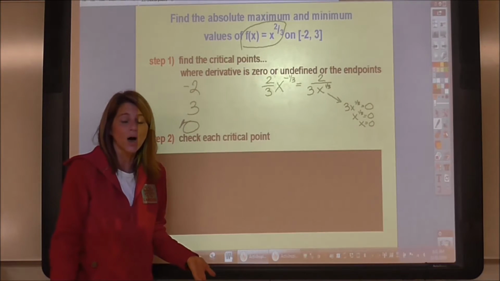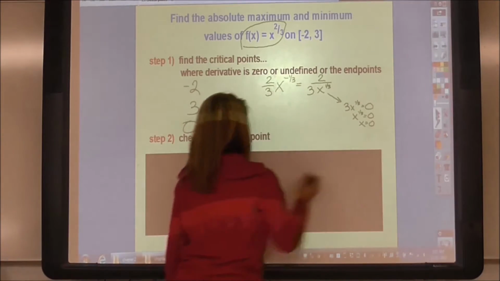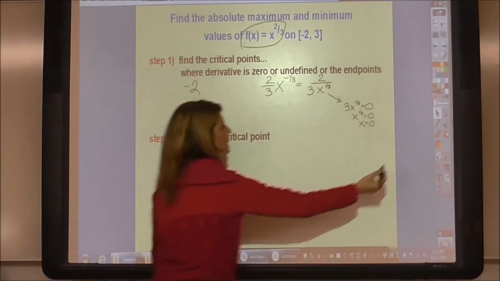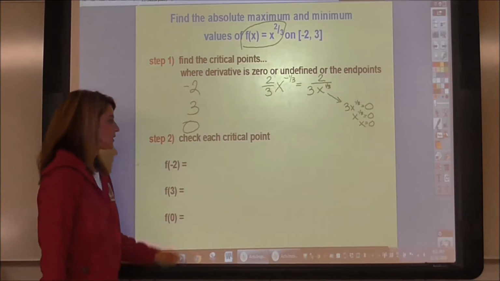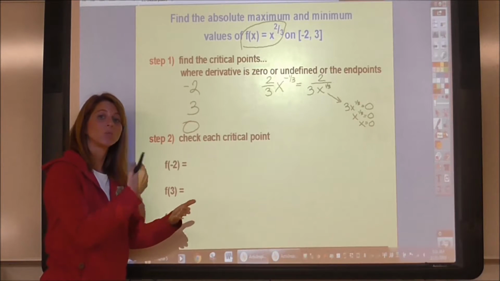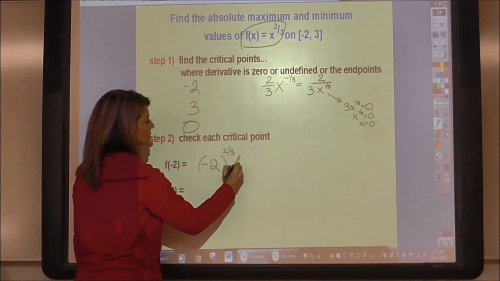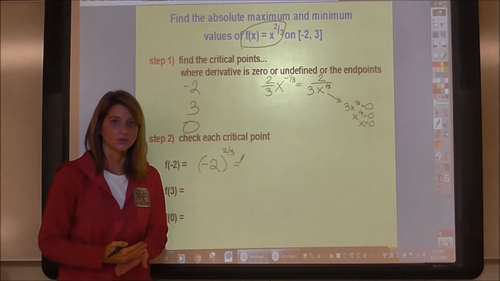How do you find the y value? Put it back in the equation. So let's go put it back in the equation. I'm going to take -2 and put it back in the equation, and that will test my y value. So I'm putting -2 into my function. -2 to the 2/3 power.